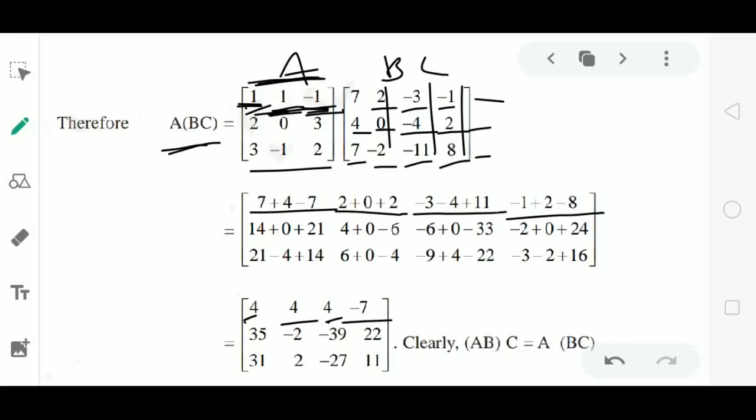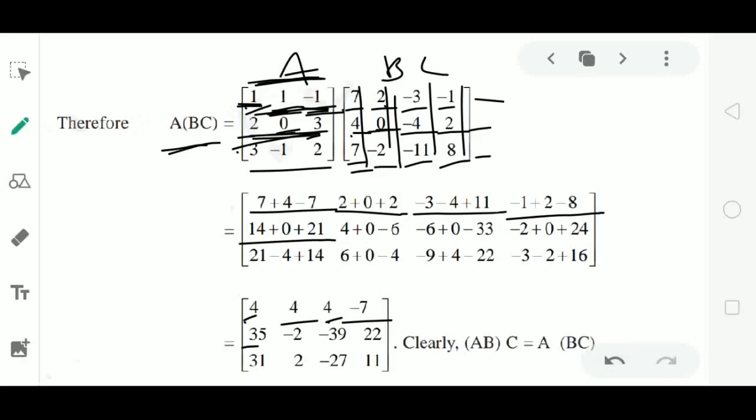Next, second row, first column, 2 into 7 plus 0 into 4 plus 3 into 7 is 14 plus 0 plus 21, which is 35. Second row, second column, 2 into 2, 0 into 0, 3 into minus 2 is 4 plus 0 minus 6, which is minus 2.